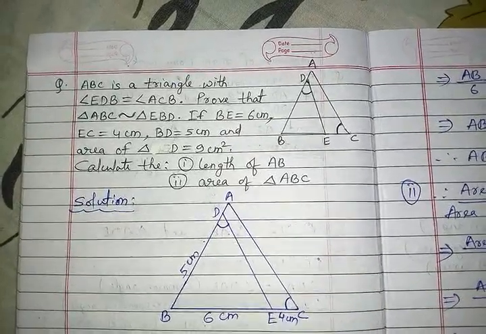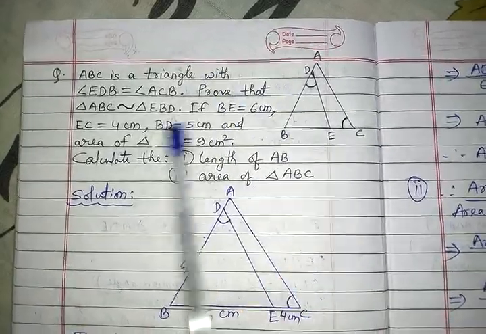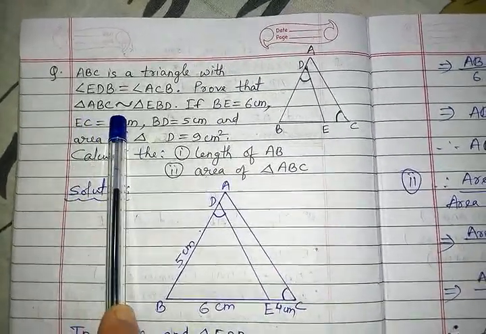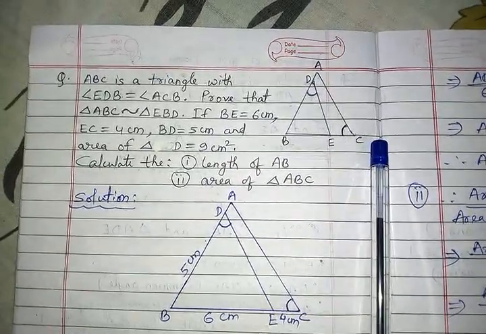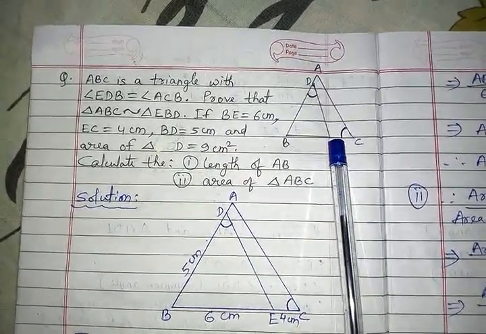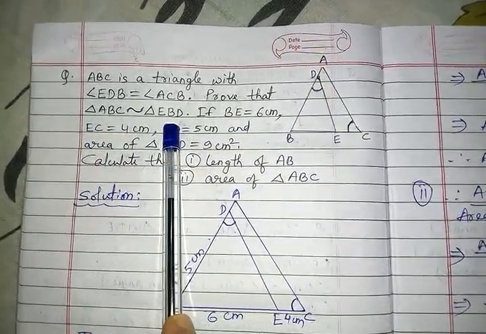Now we can see two triangles, and we have to prove that triangle ABC is similar to triangle EBD. So this is the first question that we have to prove.